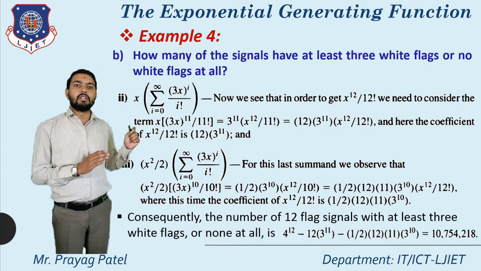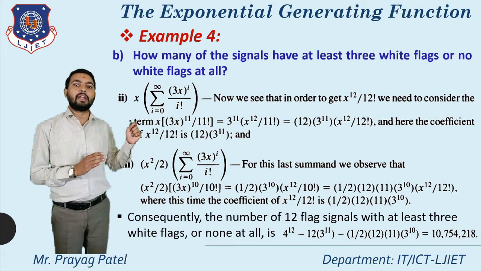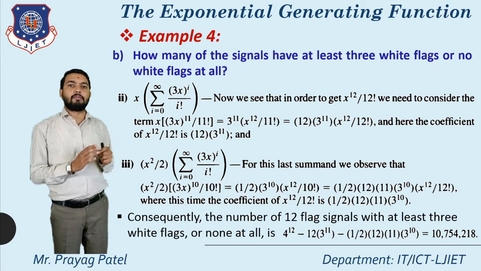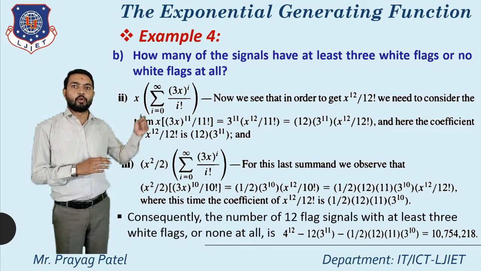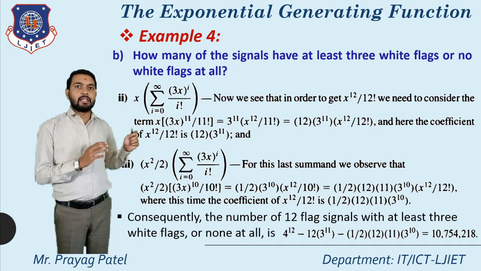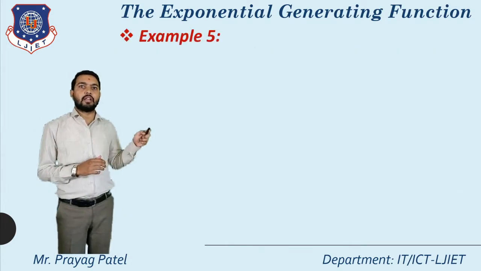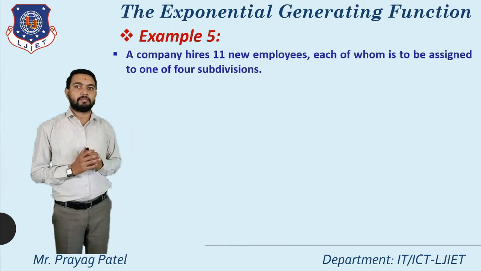So the final answer is 10754,218. So these are the possibilities for selecting the 12 flags from the available four. According to our condition, at least 3 are white or none of the flags is white. So this is an example of finding the exponential generating function.